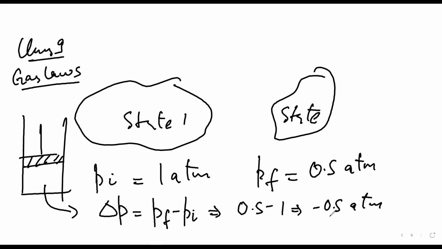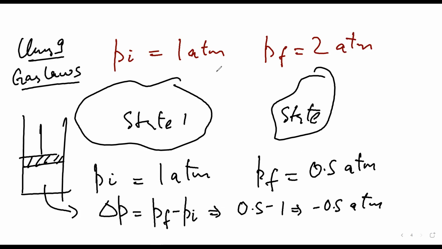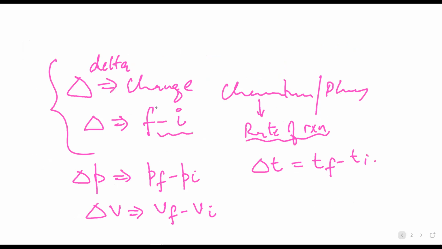So, for example, in this case, if the initial pressure was 1 atmosphere and the final pressure was 2 atmosphere, then the change is positive. It is 1 atmosphere. Is it making sense? Avantika, is it making sense? Yeah. Okay.